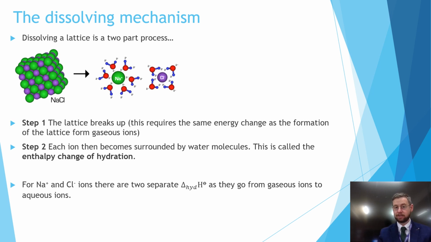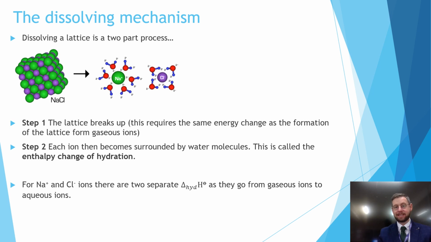Because of the polar nature of water, the negative oxygen within the water molecule is going to be turned to face the positive sodium ion. And by the same way, the negative chloride ion is going to be closest to the more positive hydrogen atoms on the water molecule.